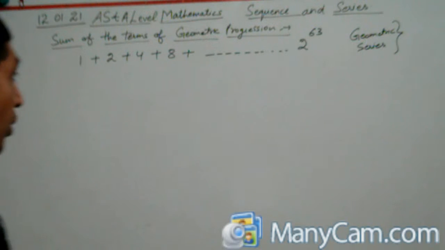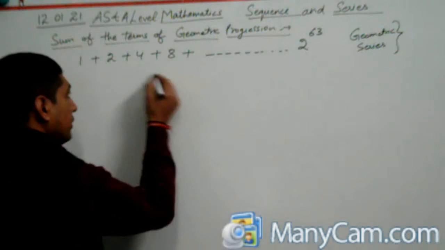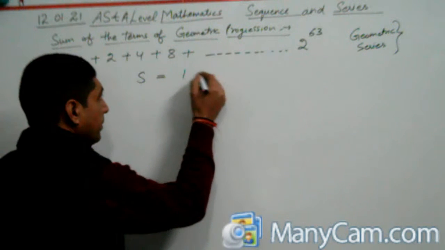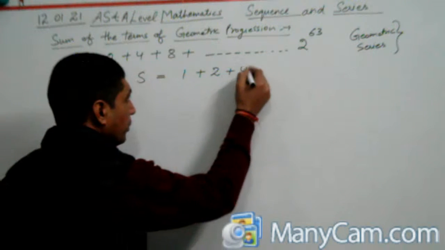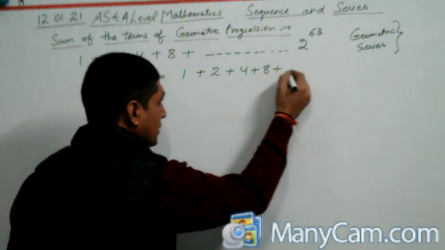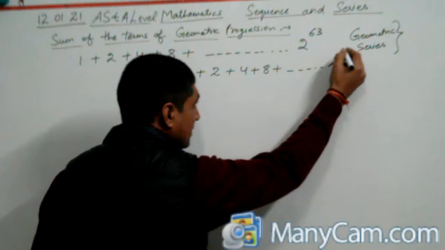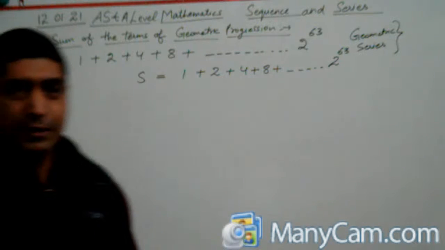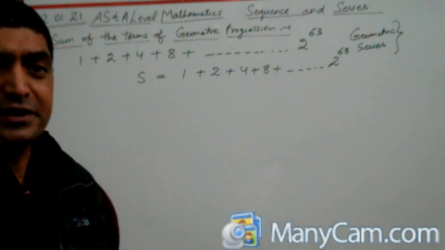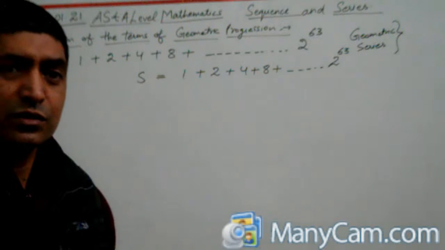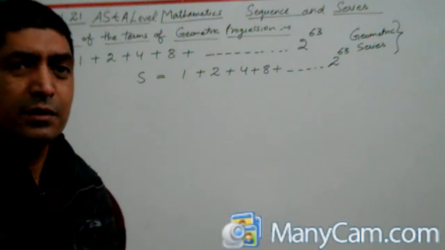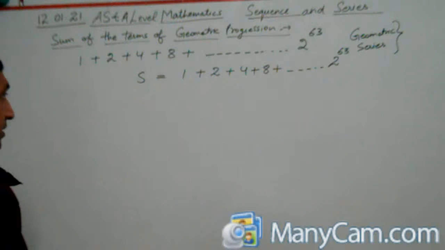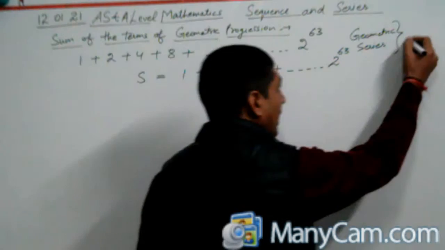So we call this series S. S is equal to 1 plus 2 plus 4 plus 8 plus so on up to 2 raised to power 63, right? We are explaining the sum by this example. Now multiply this equation throughout by 2, since the common ratio r here is 2.